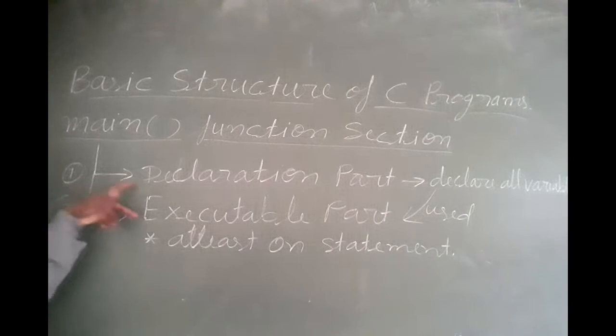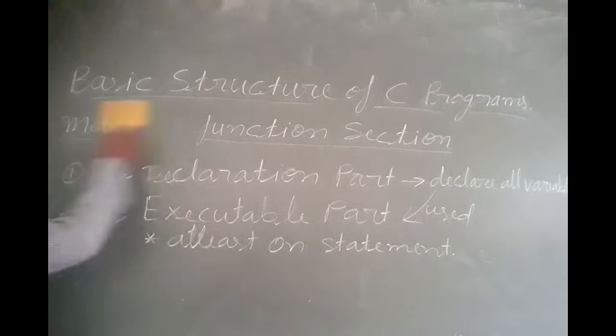We should keep in mind that when we write statements within the declaration part and the executable part, all the statements should end with a semicolon. So all these concern the main function section.